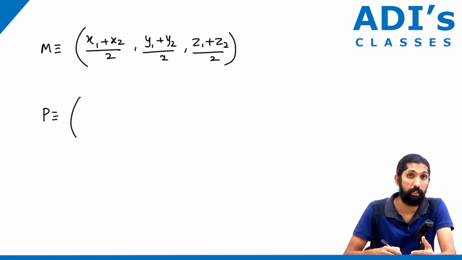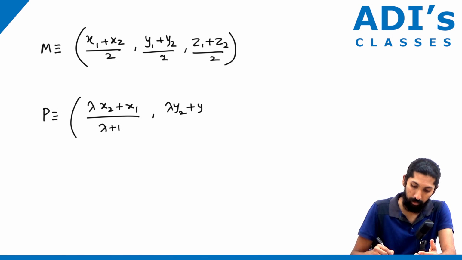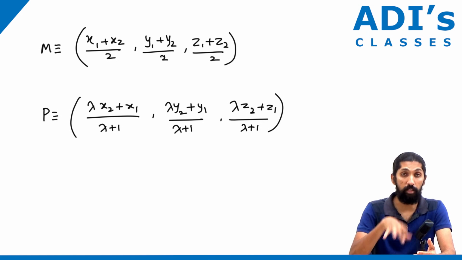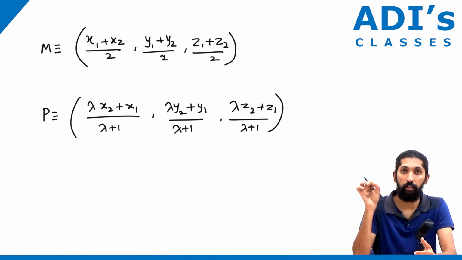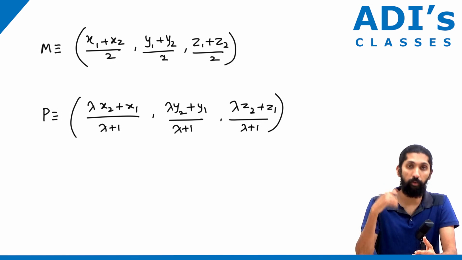M by n, if you call it as lambda, then this is going to become (lambda x2 plus x1) by (lambda plus 1), (lambda y2 plus y1) divided by (lambda plus 1), (lambda z2 plus z1) by (lambda plus 1). Remember, we use this formula when the point is given, but the ratio is not given. Clear?